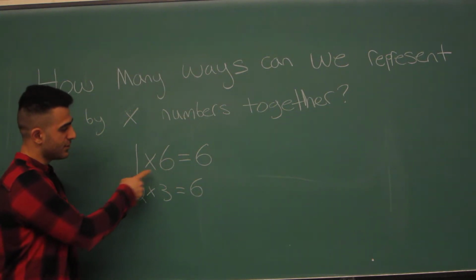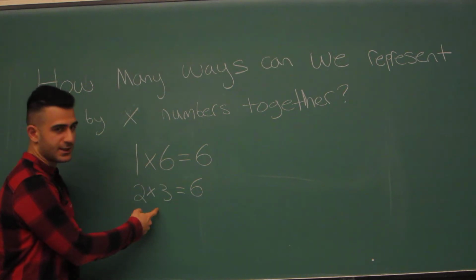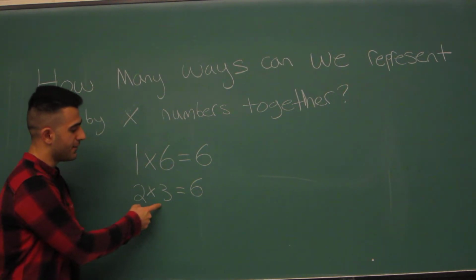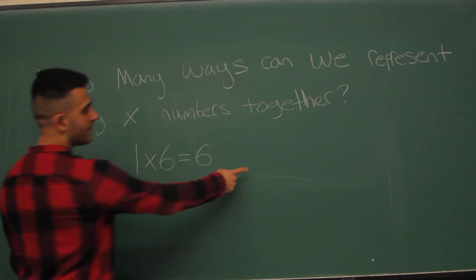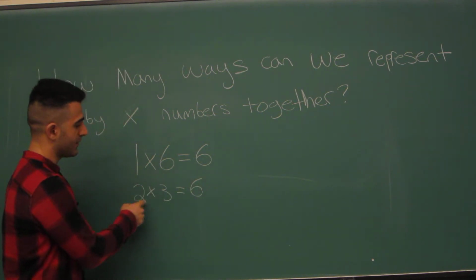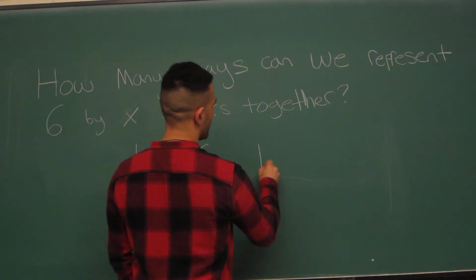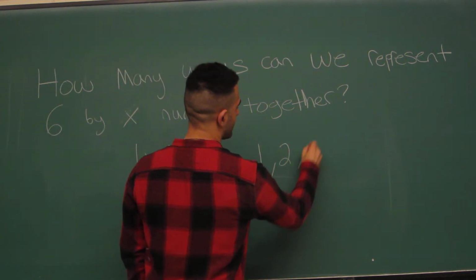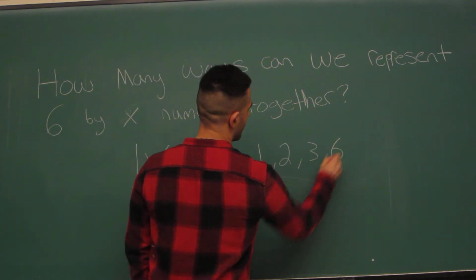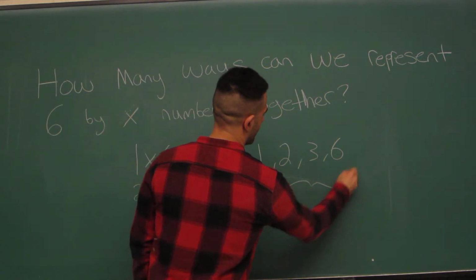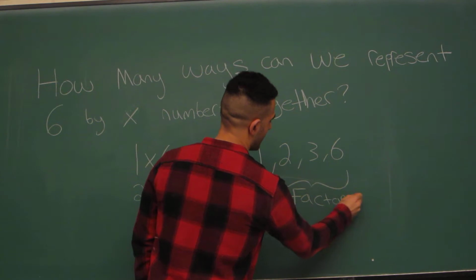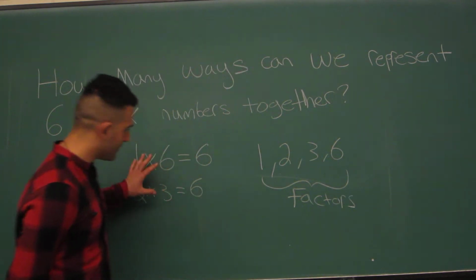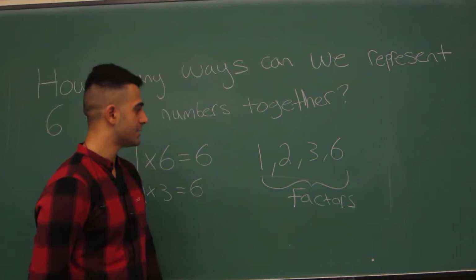Now, these numbers over here in the multiplication on the left-hand side are called the factors. So let's just write them over here, all the numbers that appear over here. So these numbers are called factors.